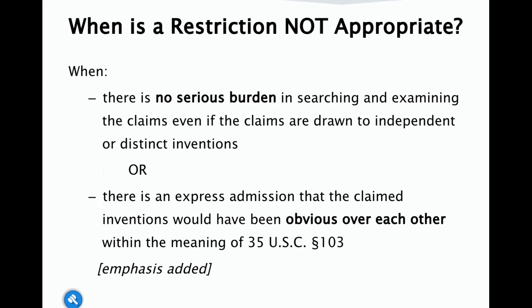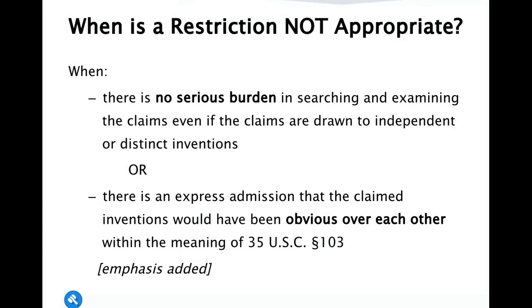A restriction is not appropriate unless the examiner can prove both that there are plural distinct or independent claimed inventions and that there would be a serious burden on the examiner if search and examination of all inventions were required. Both criteria must be met in order to establish a prima facie case for restriction.